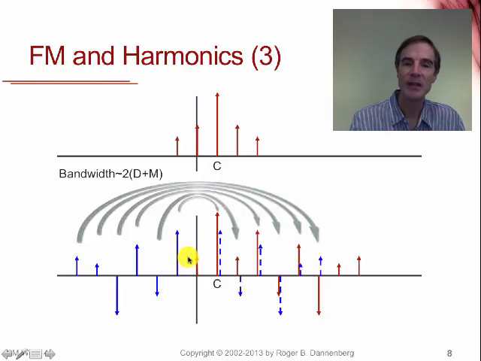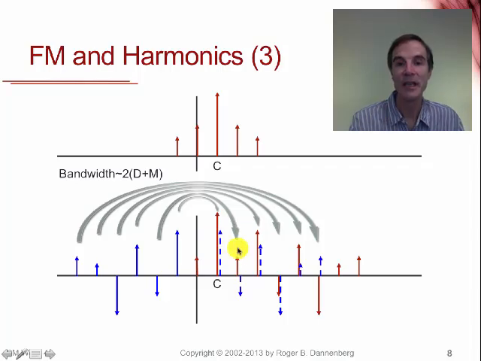Well, each of these negative frequencies corresponds to a positive frequency. And so I've taken each one of these negative ones and just drawn it next to the corresponding positive frequency. And effectively they add. Sometimes they're in phase and they add constructively.